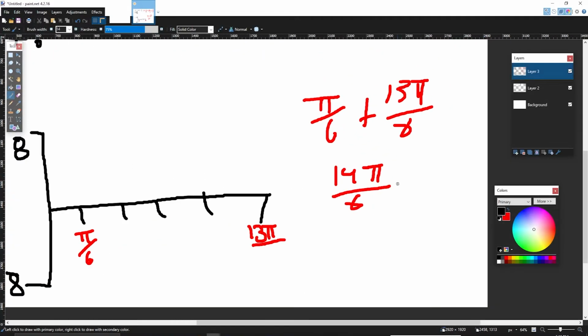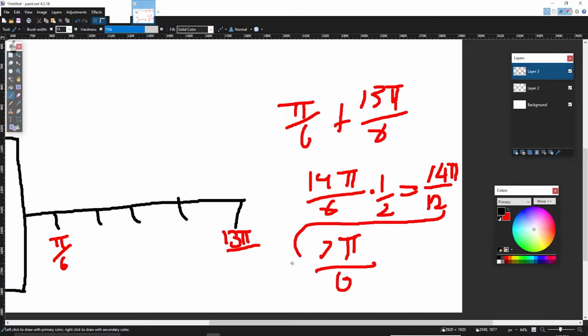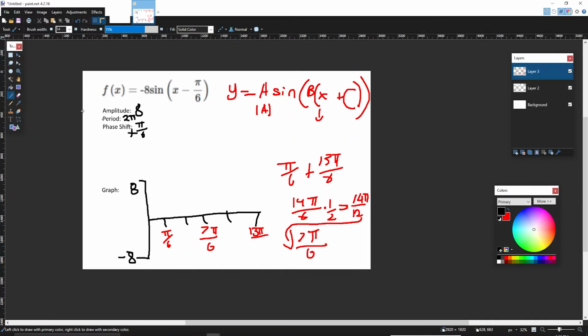And then we're going to divide by 2. That is the same thing as multiplying by 1/2, okay? Simplify that, you're going to get 7 pi over 6, okay? Nice. So this is going to be this value right here, okay?